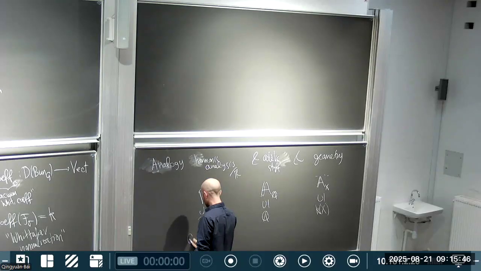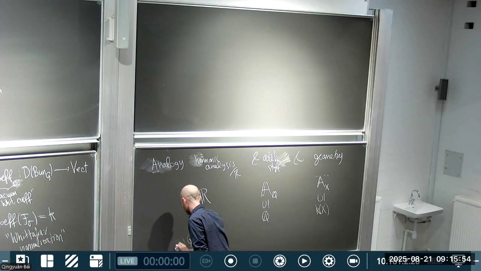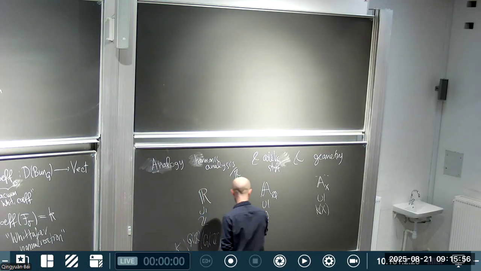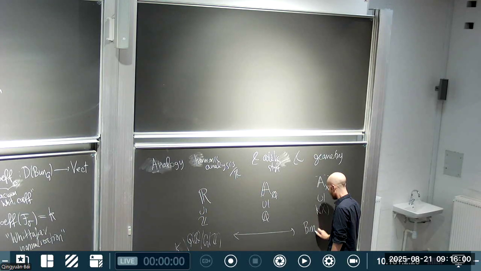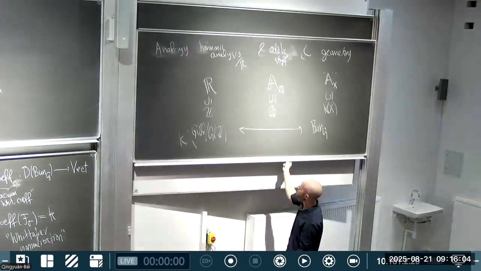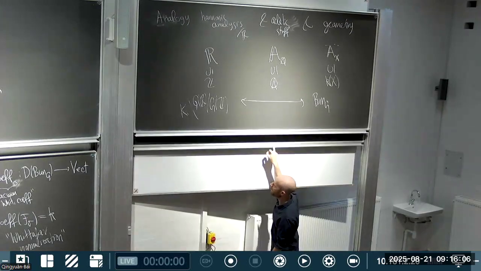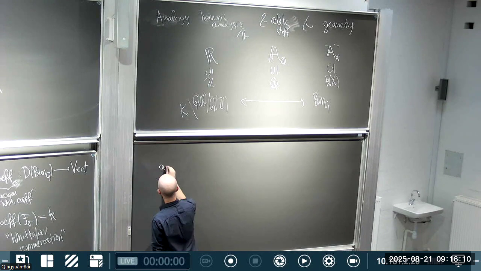And so when you see something like maybe G of R mod G of Z, maybe mod something else over here, like a maximal compact subgroup, this usually gets transformed into from G on this side.